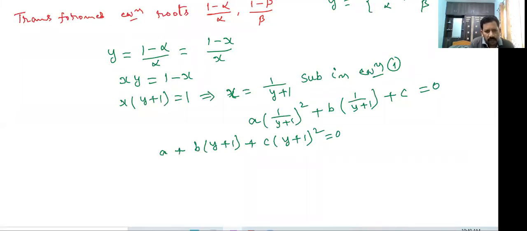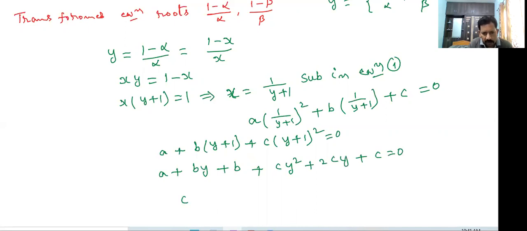Now a plus b plus cy square, y plus 1 whole square expand, 2cy plus c is equal to 0.